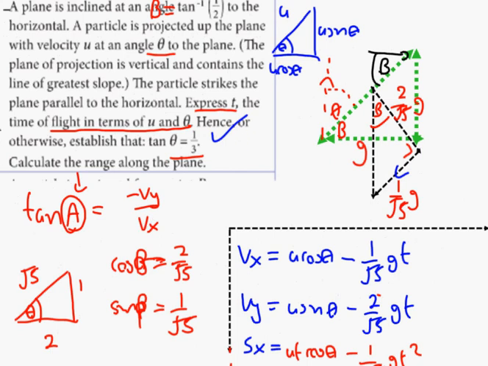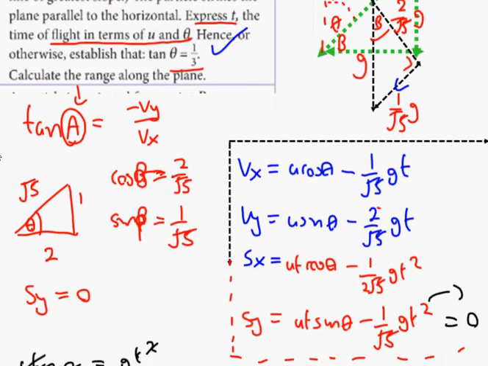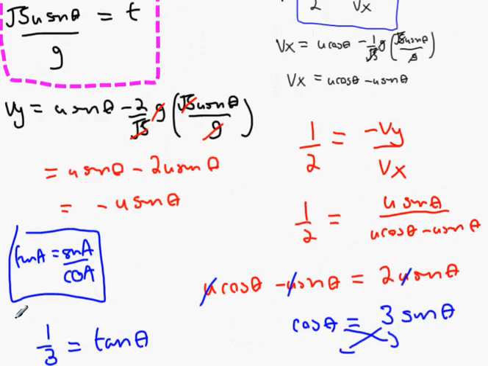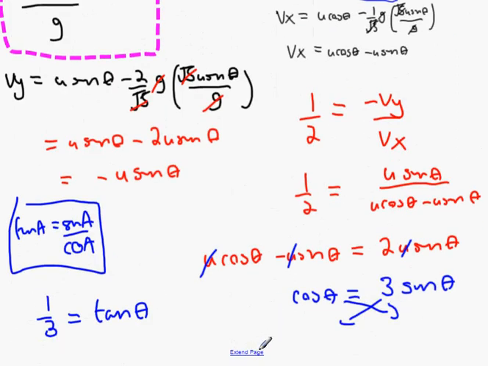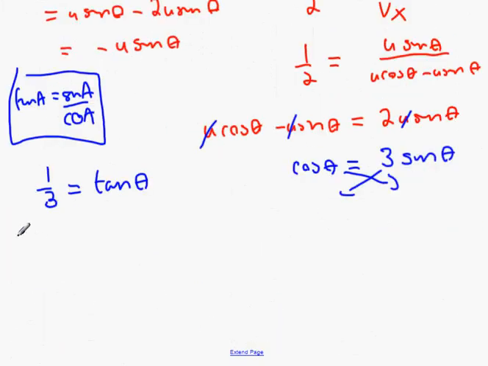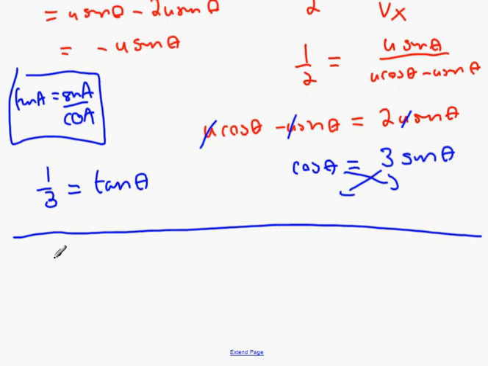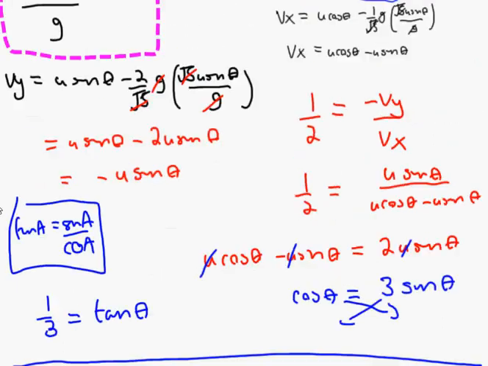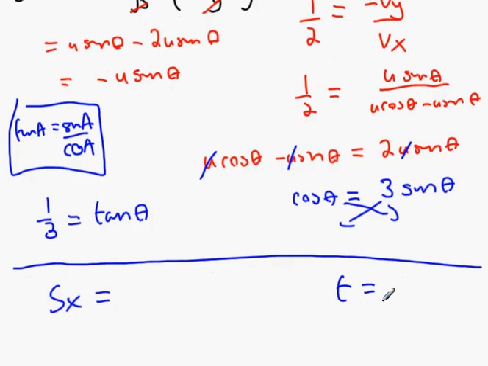Do any of you need me to do the range? Yeah, I think you'd be alright with the range. I'll finish off for completion's sake, I suppose. The range is an Sx when t equals, what's t equal to? Root 5 u sine theta over g.